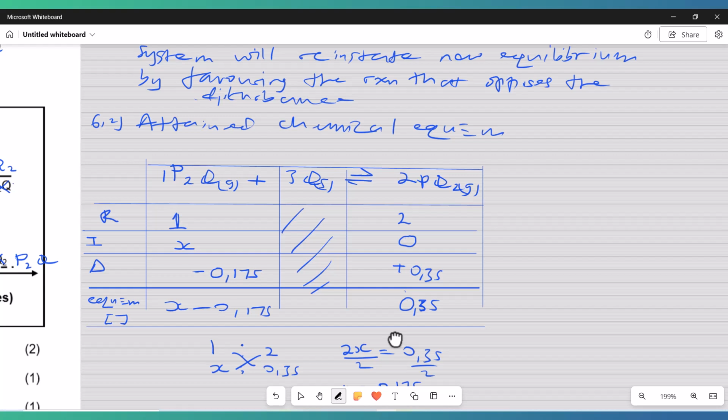So our Kc expression equals to PQ2 concentration, PQ2 concentration, that must be squared because of the 2 here, divided by P2Q concentration, okay? This is P2Q concentration.